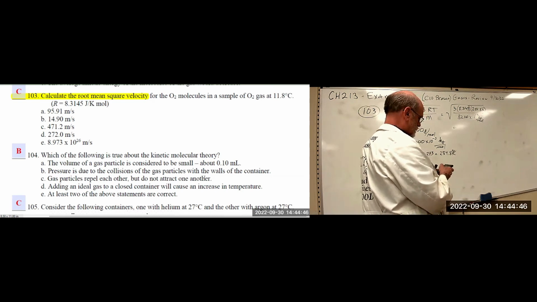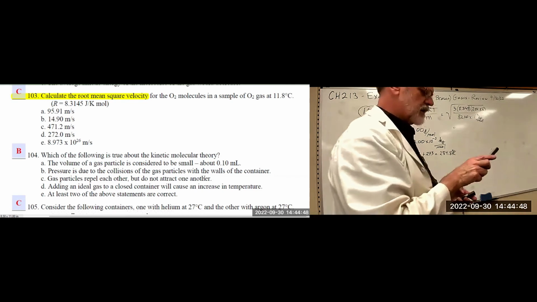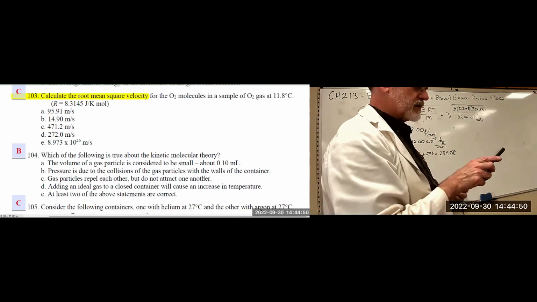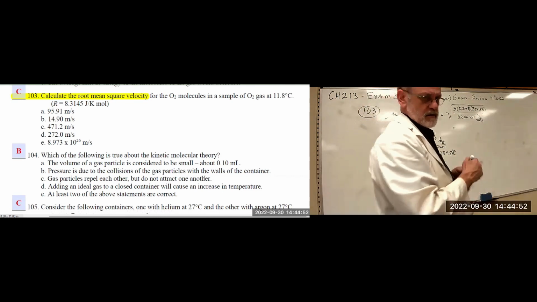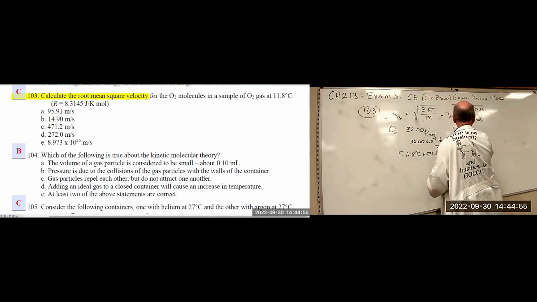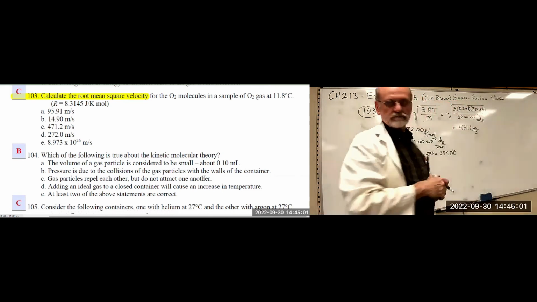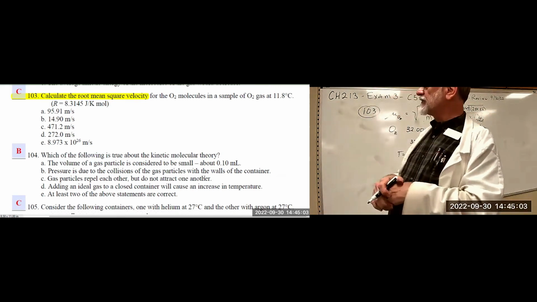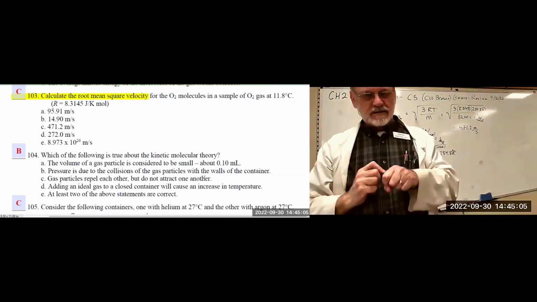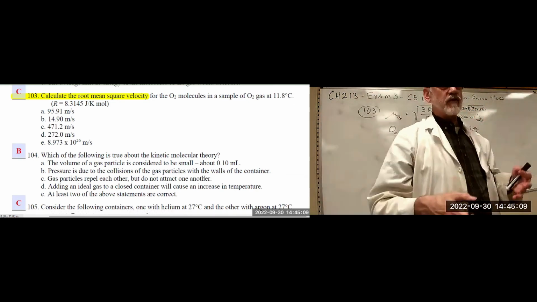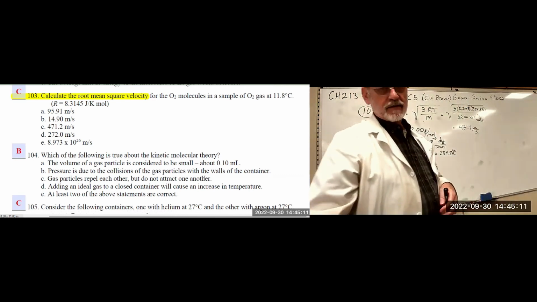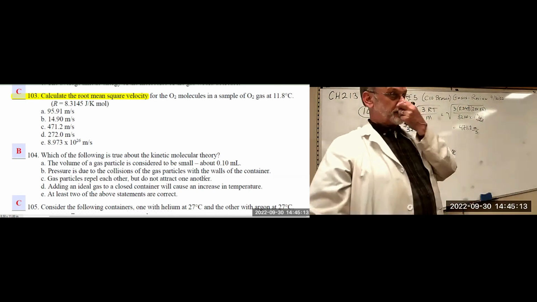Take the square root. So I get 471.2 meters per second. So that would be C. That's how fast those oxygen molecules are moving on average, the root mean square velocity.